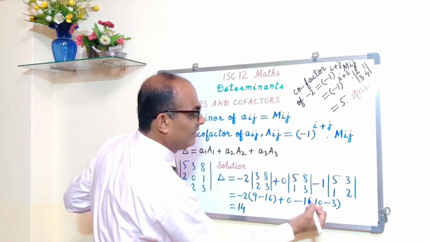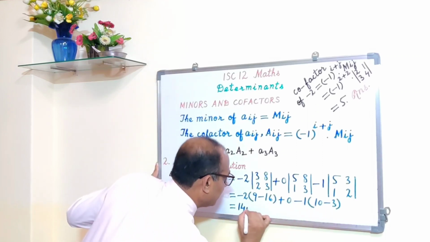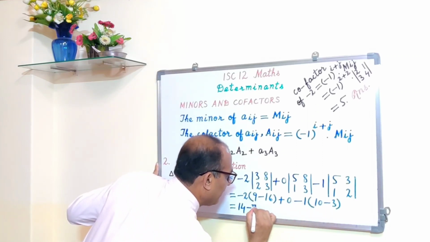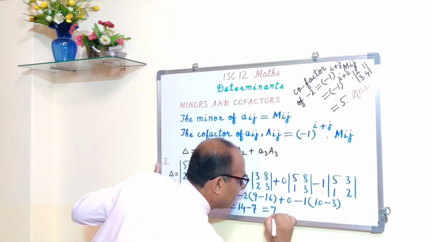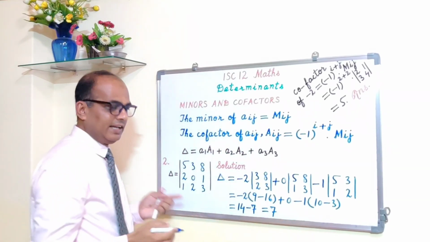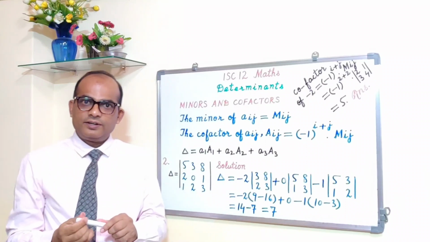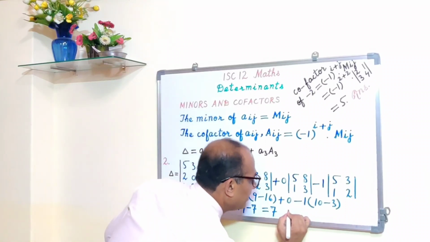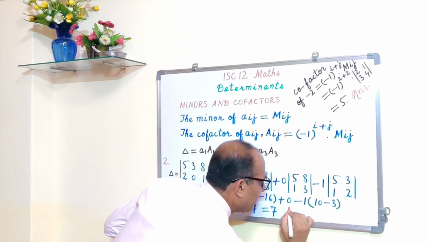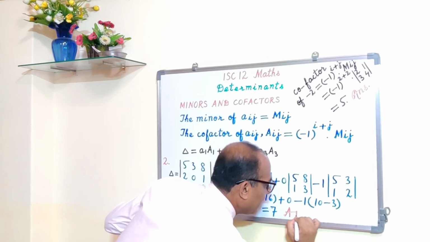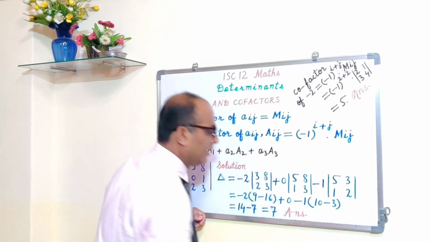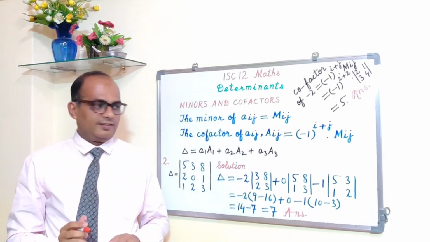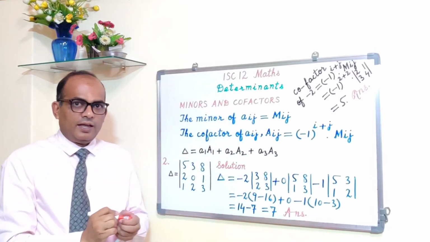And this is 7 minus 7, and this gives you 7. 7 is the answer. Clear?